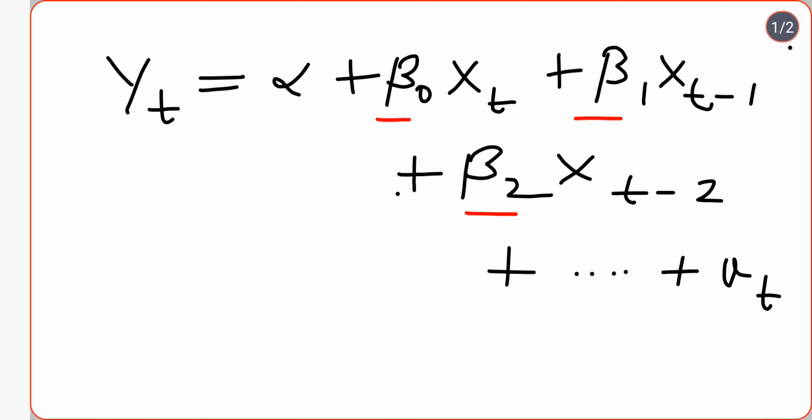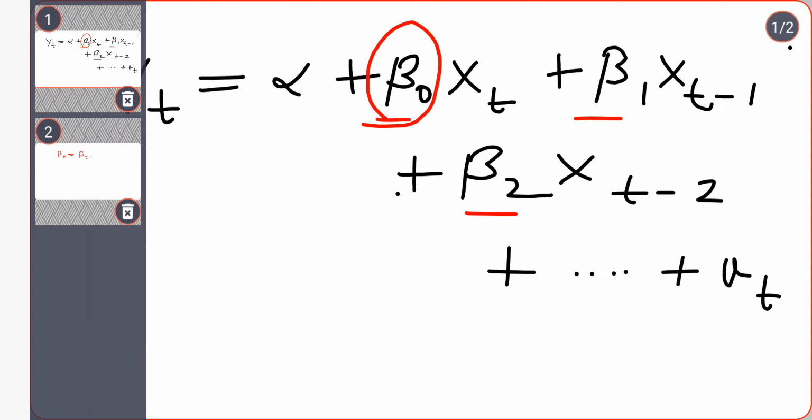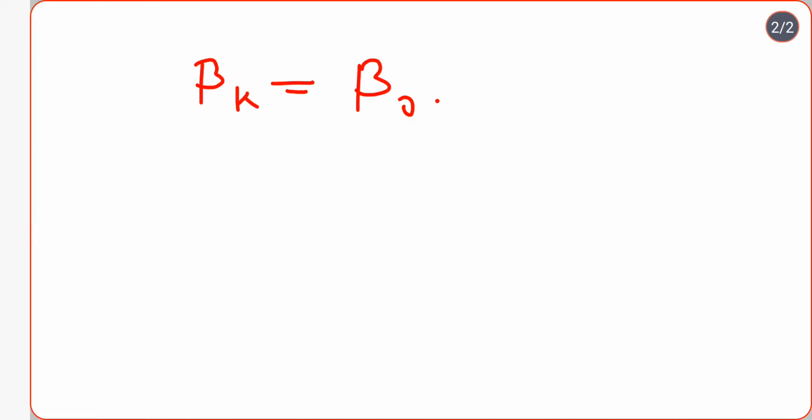Koyck has said that we will take beta k equals beta 0, which is nothing but the coefficient of the initial explanatory variable, into lambda to the power k.